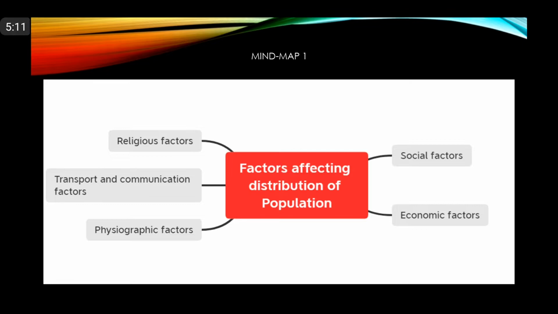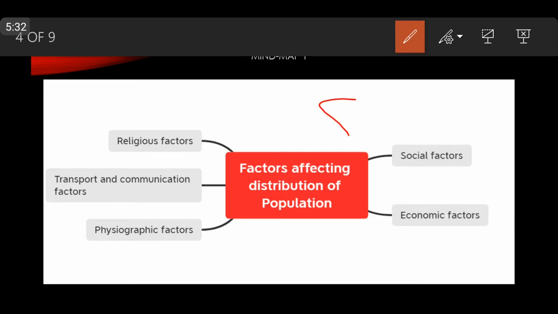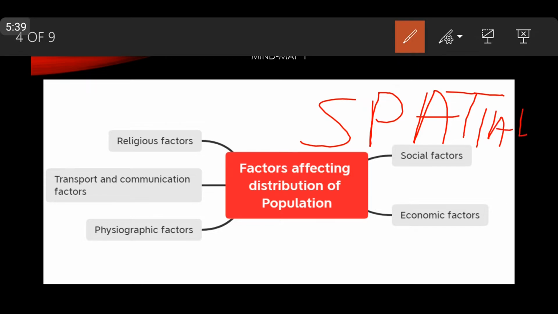So it is often said that the distribution of precipitation in India is an index of the spatial distribution of population. Spatial means related to space. Hence, rainier areas like West Bengal have a higher density of population than drier areas like Punjab and Haryana, which have low population.